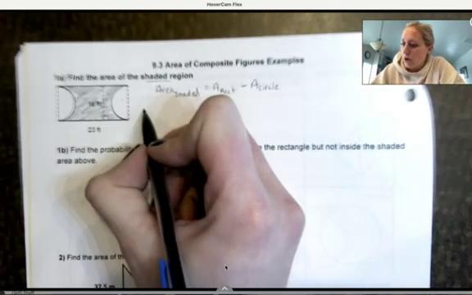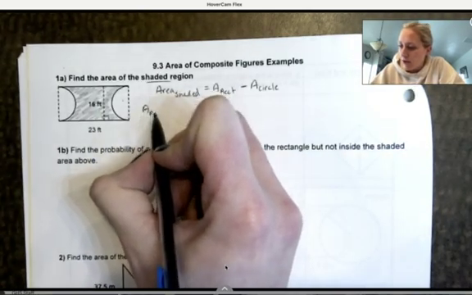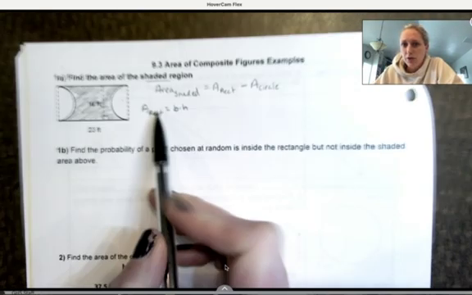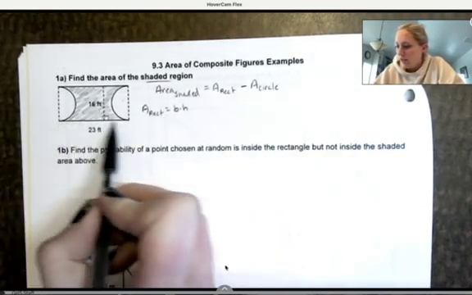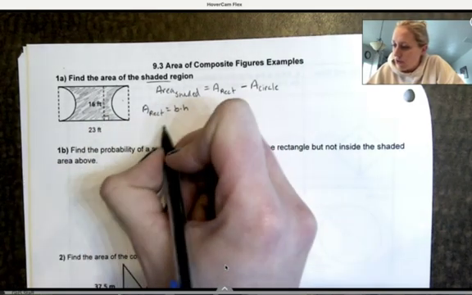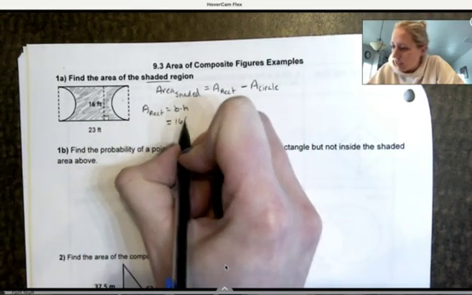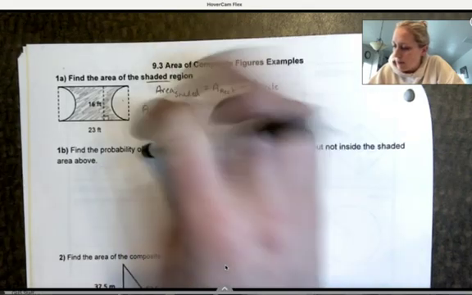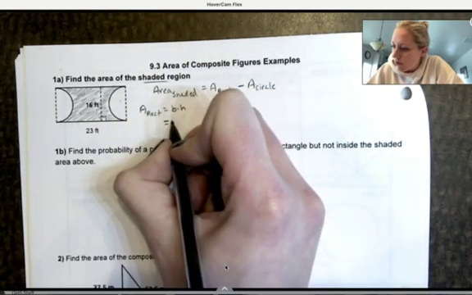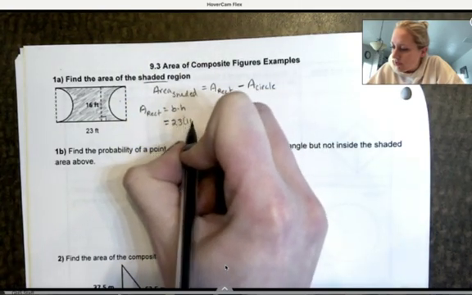So we know the area of the rectangle is base times height, right? So my base is this distance across here, which is 23, and my height is 16. Sorry, I'm going to switch the order just so I'm matching up with my variables. So 23 times 16.